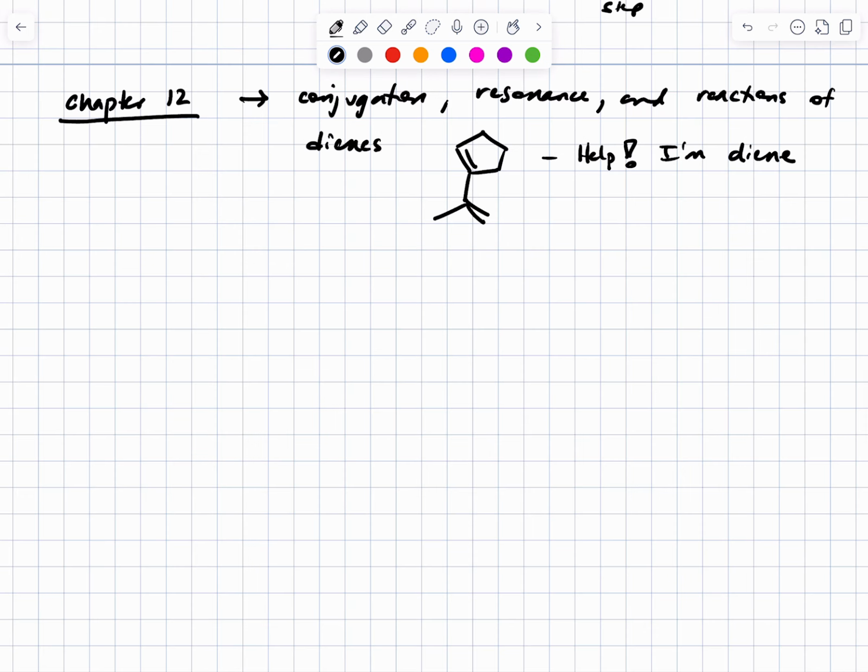So to do that, let's just briefly review what a pi bond is. As you know, a pi bond involves two sp2 hybridized carbons. And then on one carbon, you have an unhybridized p orbital. And then on the adjacent carbon, you have another unhybridized p orbital.